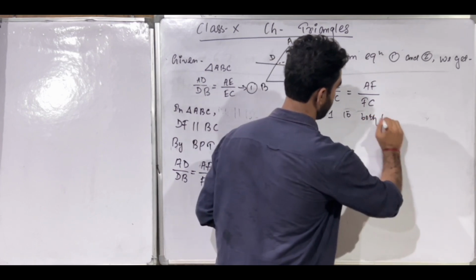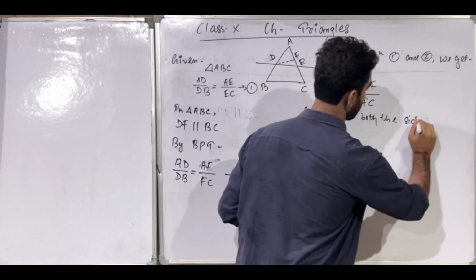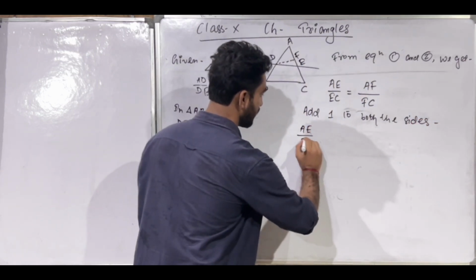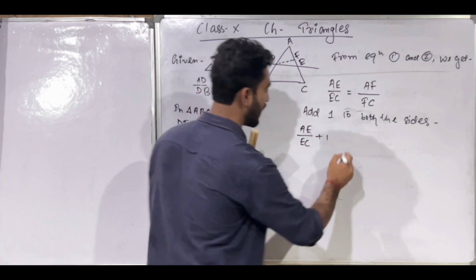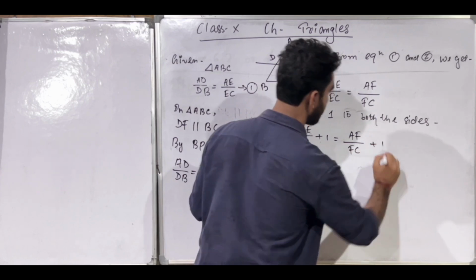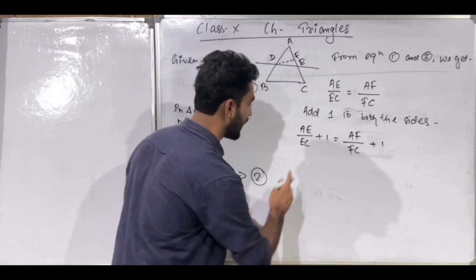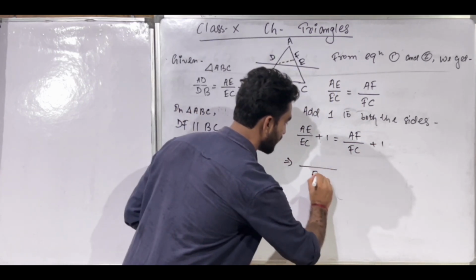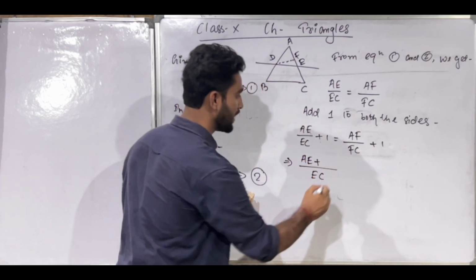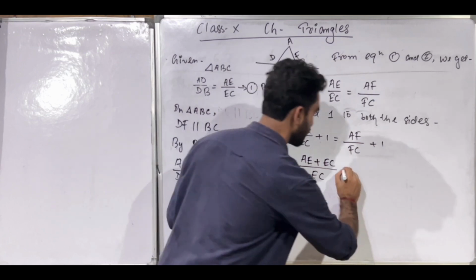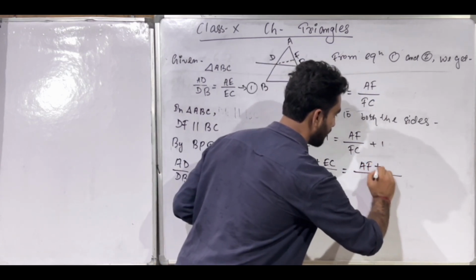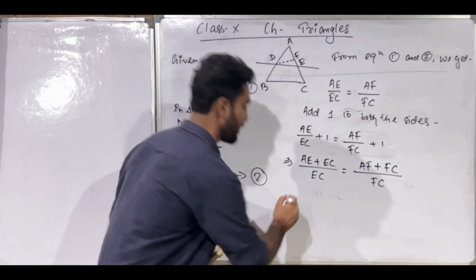AE divided by EC plus 1 is equal to AF divided by FC plus 1. Now take the LCM: AE plus EC over EC is equal to AF plus FC over FC.